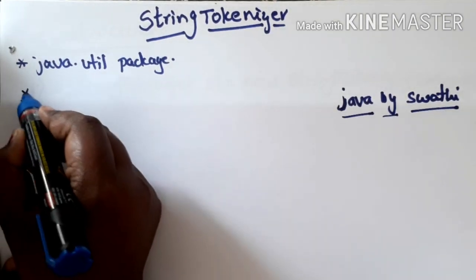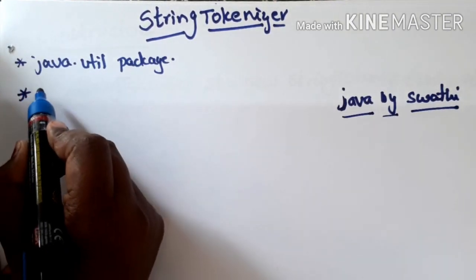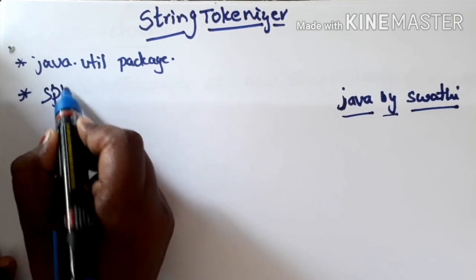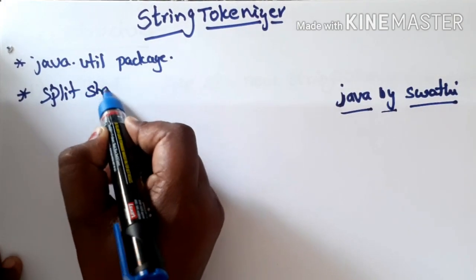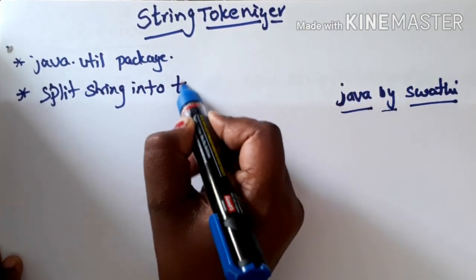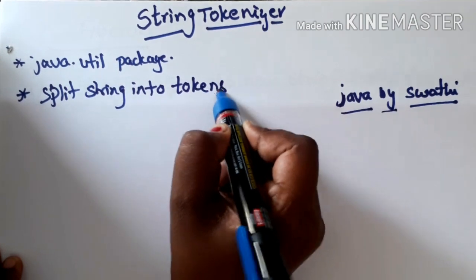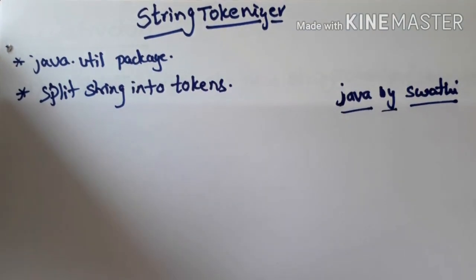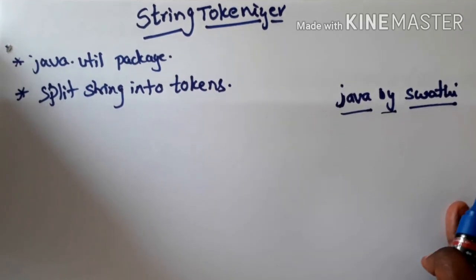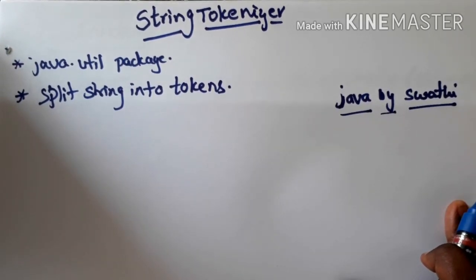So what is the purpose of this StringTokenizer class? It is used to split a string into tokens. Is it clear? This StringTokenizer class is a legacy class which was introduced in Java 1.0.